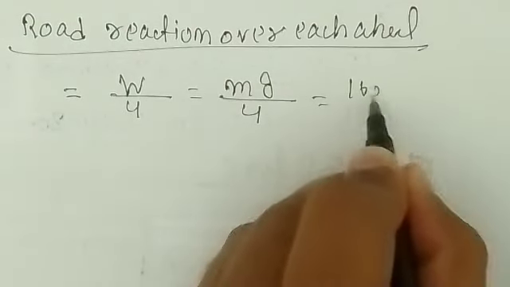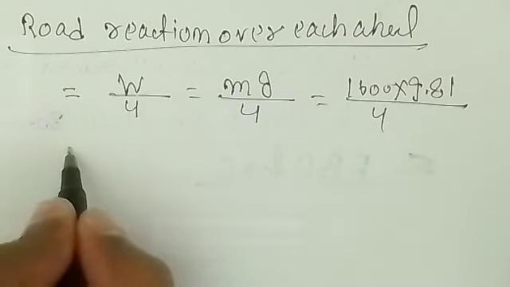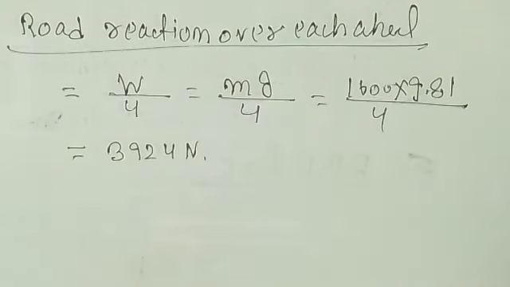The mass is 1600 and gravity we take as 9.81, divided by 4. So the road reaction on each wheel is 3924 Newton.